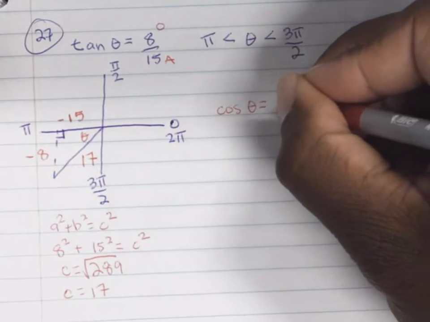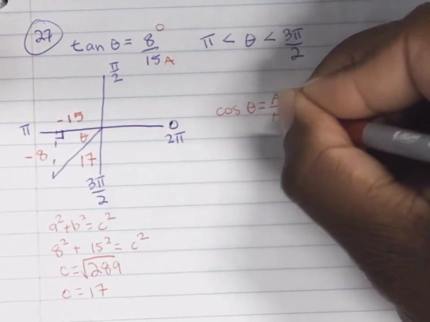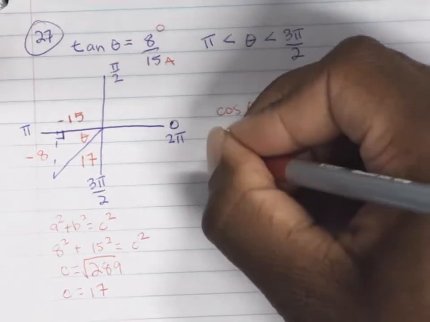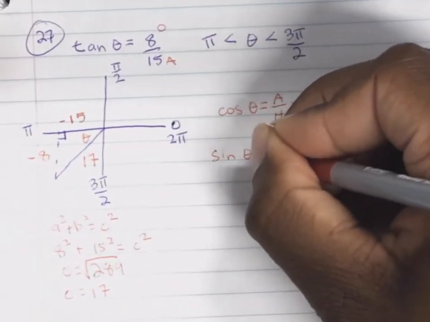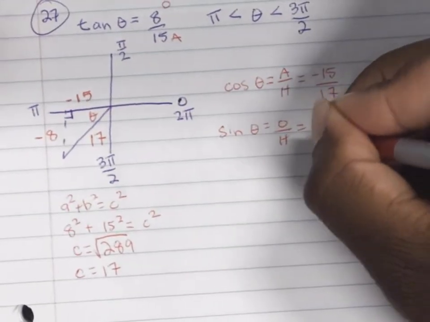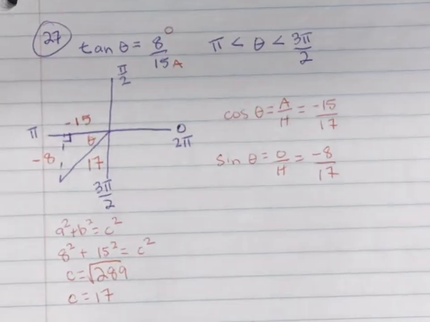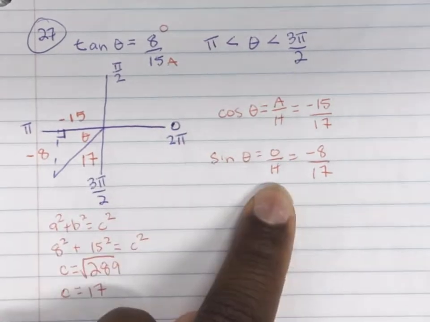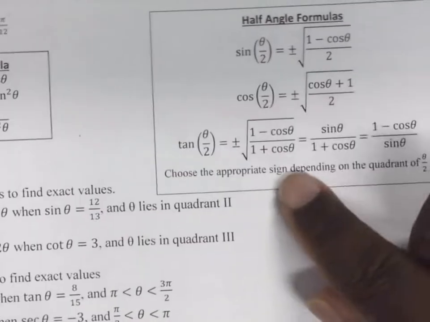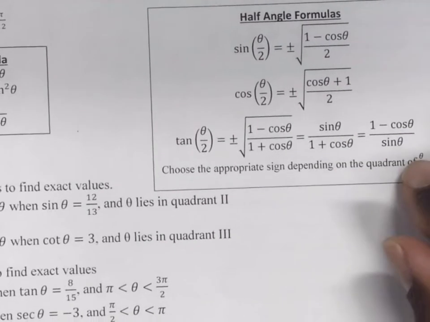I get adjacent over hypotenuse, which is negative 15 over 17. And then sine of theta, opposite over hypotenuse, is negative 8 over 17. So I have my three ratios I need to be able to use this formula.